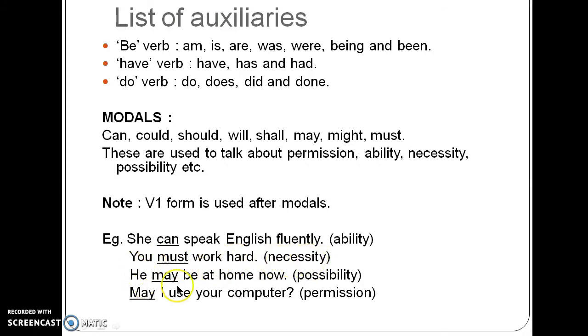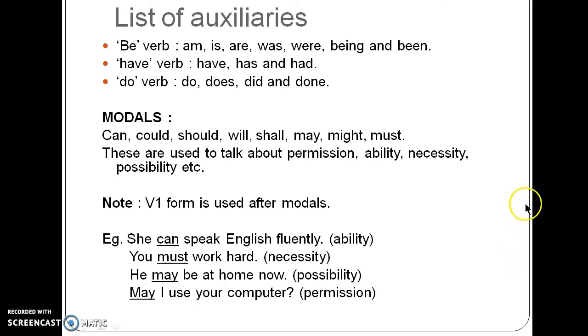He may be at home now. May is the modal auxiliary. It tells about the possibility. May I use your computer? Here may is the modal auxiliary and it tells about the permission. You will learn about the modals in detail from class 6. I hope it's clear to you.